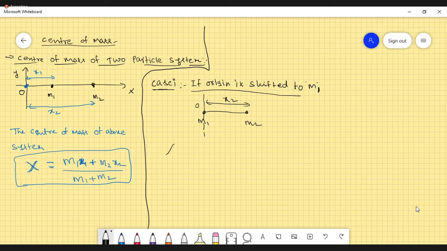Center of mass x equals M1 into x1, which is 0, plus M2 into x2, divided by M1 plus M2. So finally you will get M2 x2 divided by M1 plus M2. Understood?